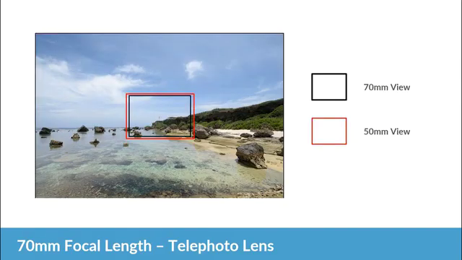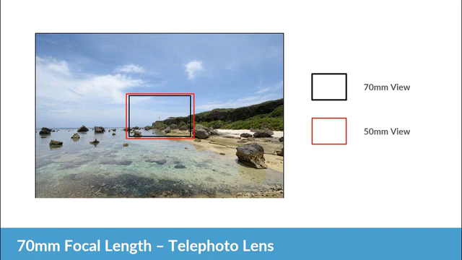So let's have a look at this with a 70mm lens. So 70mm is a little bit closer compared to our 50mm. Telephoto lenses have a narrower angle of view than what our eyes can see with our angle of vision. So when we take the photograph, we're going to see the object be much bigger and it's going to have greater detail. So we can see that with a 70mm here.